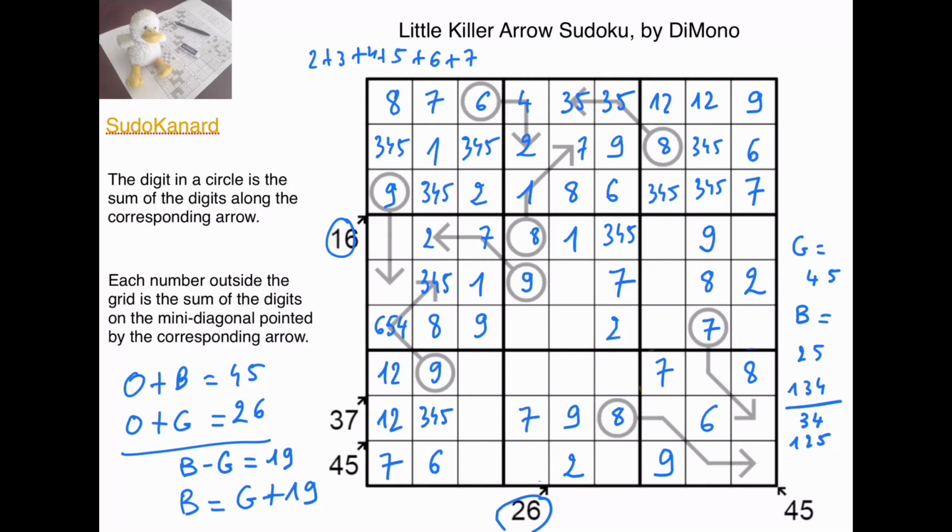And then let's have a look at this diagonal. We already have 26, 37. So this plus that is 8.